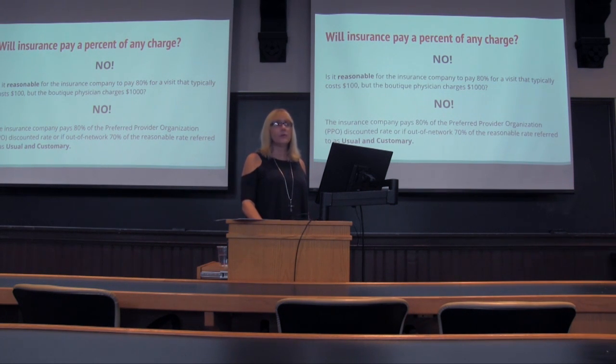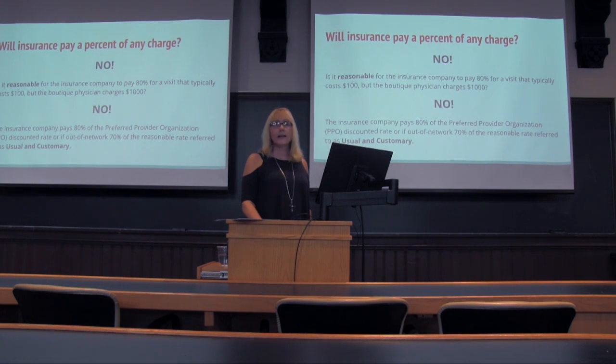So for example, if there is a doctor that's outside of the PPO network, and that doctor is kind of a boutique doctor, sees all the Hollywood stars, and in order to see that doctor, they charge $1,000 for a physician visit, and the typical cost is $100.